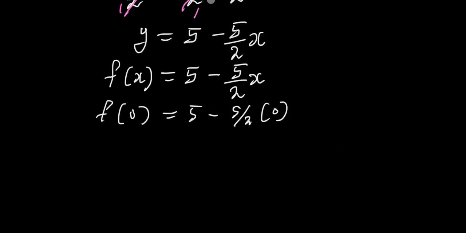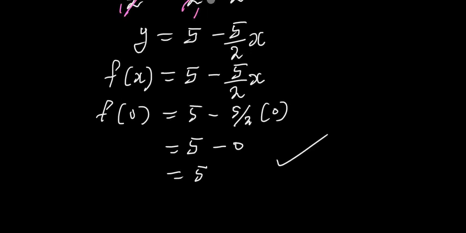Now, this is equal to 5 minus 0, which is equal to 5. So you see, the input 0 has given us 5, a single answer. So for every input value that is plugged into this relation, it gives out just one answer as the output. Therefore, this relation is a function.